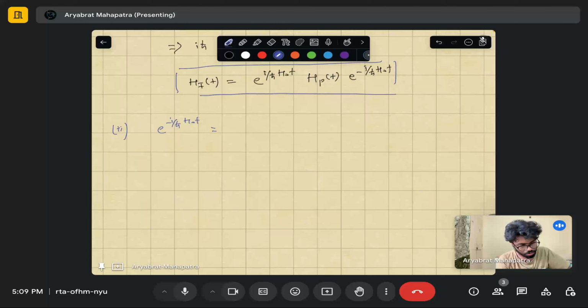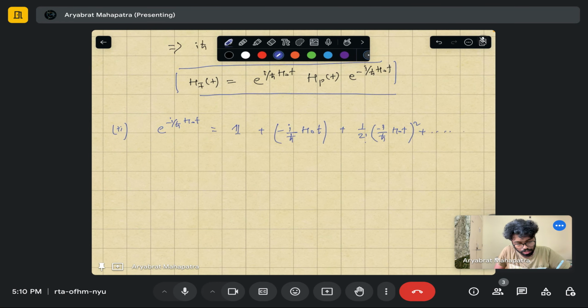So basically you have to expand this exponential series. I hope you are aware of how we expand the exponential series. First you will have the identity operator, then minus i over h bar H naught t, then 1 by 2 factorial times minus i over h bar H naught t whole squared, and so on.